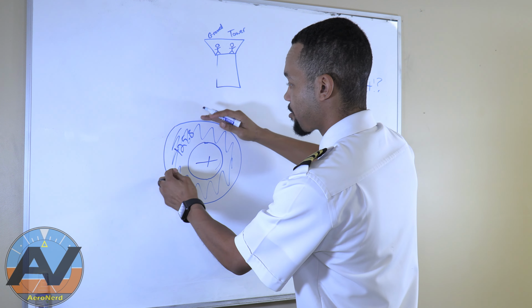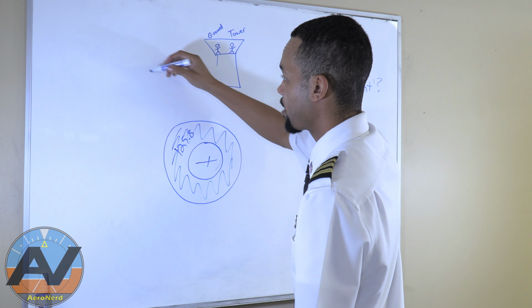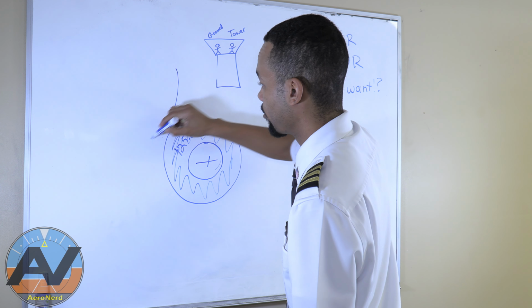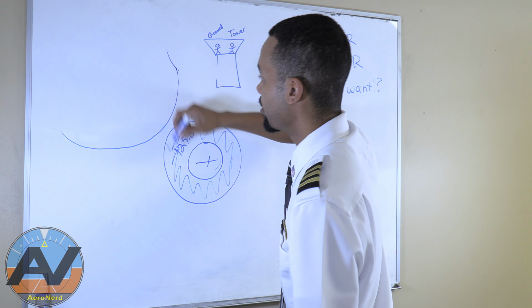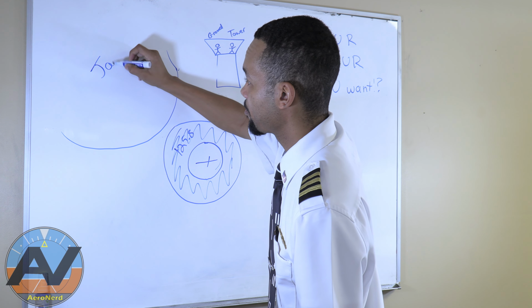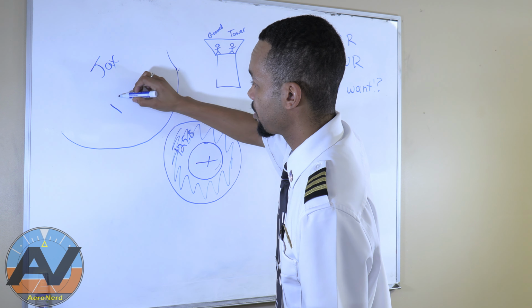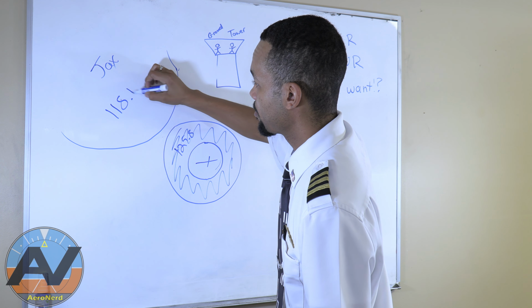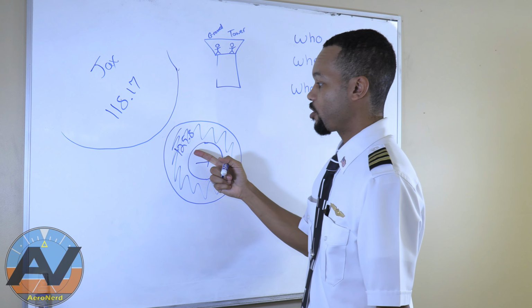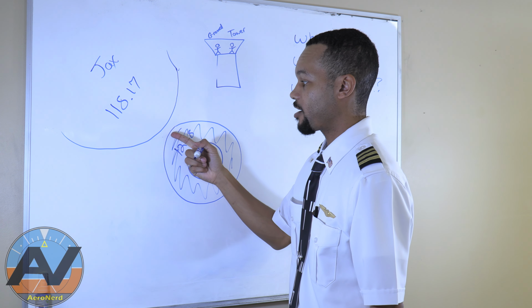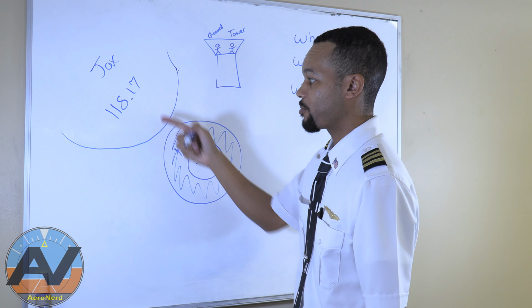And if you're outside of their range, or let's say you're going into another controller's range, let's say over here is Jacksonville, theirs is 118.17. So when you go outside of here, they may transfer you to, hey, contact Jacksonville approach on 118.17.